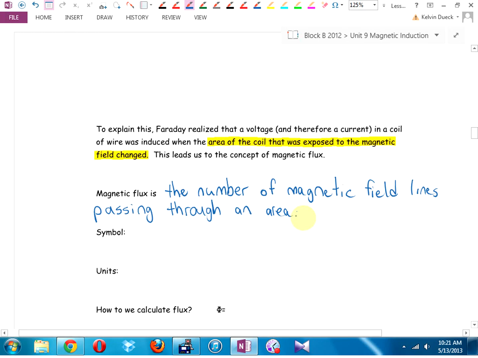There's all sorts of different types of flux. Electric flux is the number of electric field lines going through a given area. Magnetic flux is the number of magnetic field lines going through a given area.